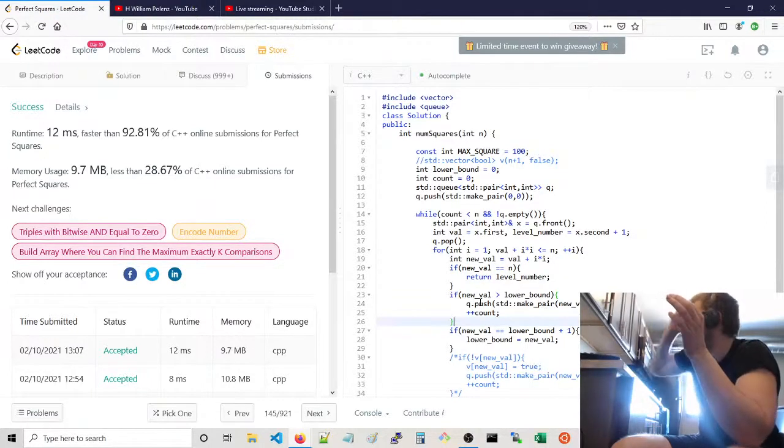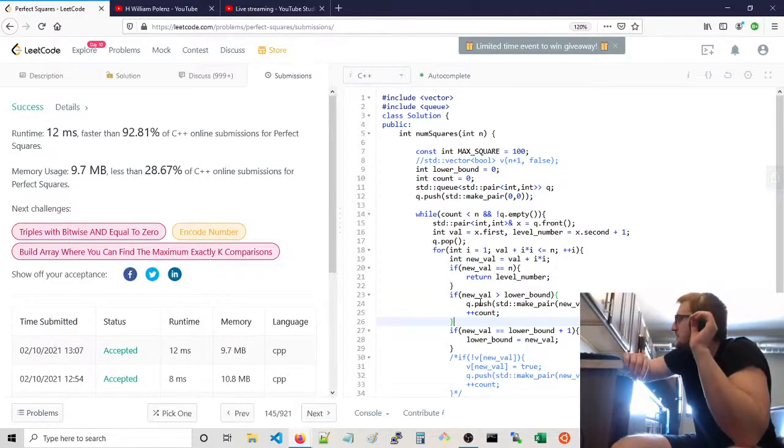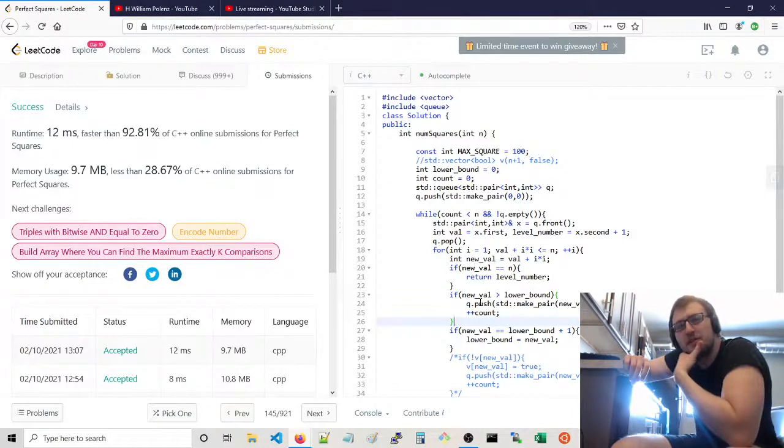But if this new value is equal to the lower bound plus 1, which it is in some cases, we're going to move up the lower bound, right? So we basically discovered the next lower bound.